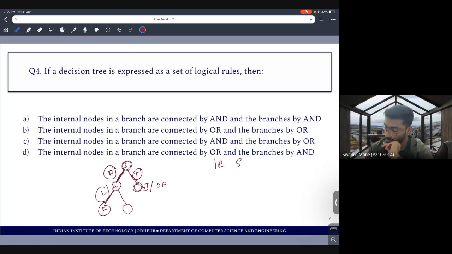So first, if S is equal to false or S is equal to true, right?